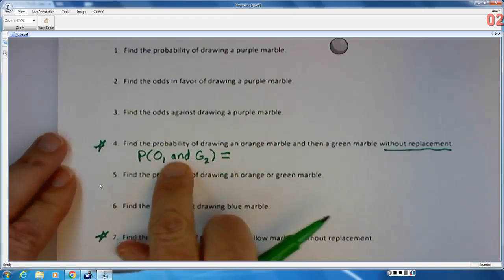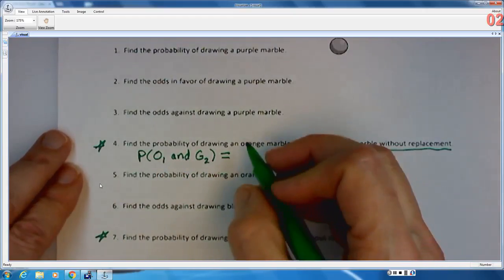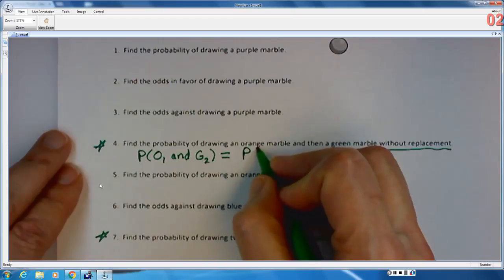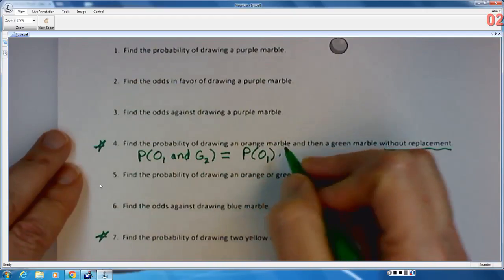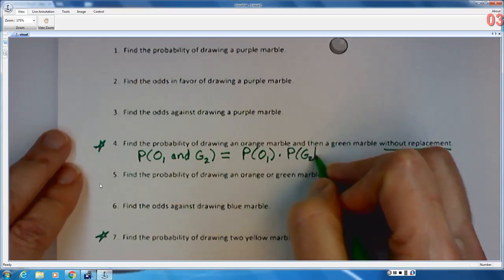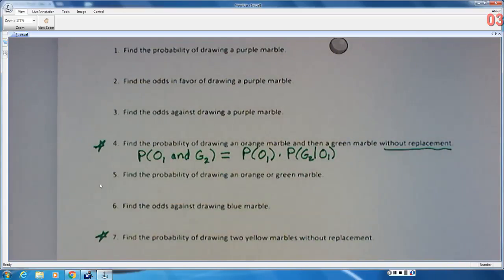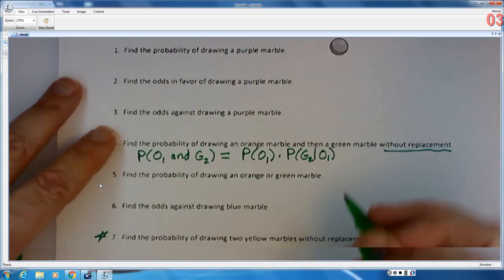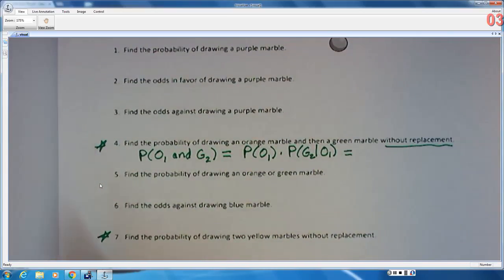And when we're doing 2 picks, and means multiply, and it means probability of drawing an orange on the first pick times probability of drawing a green on the second, given you've already drawn an orange. I know we haven't gone over any of that, but this is what you could write on your paper to get this answer right. Okay.